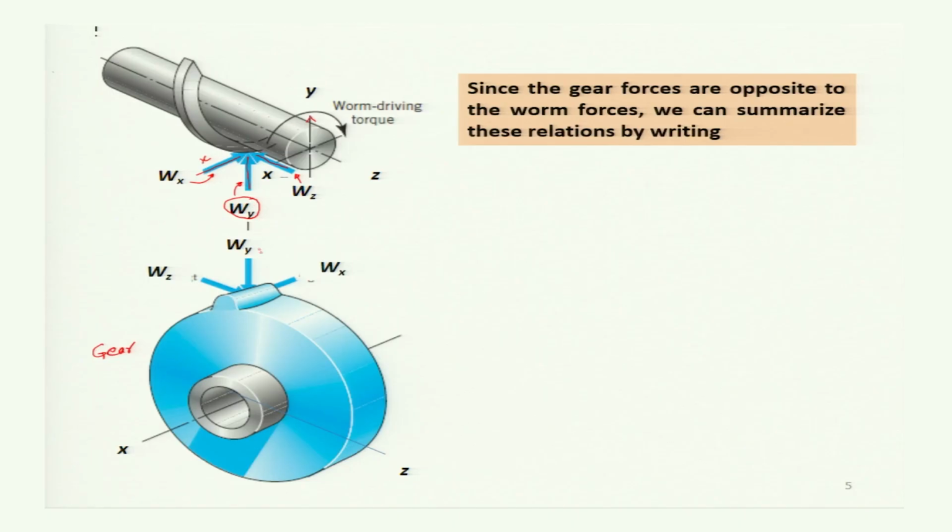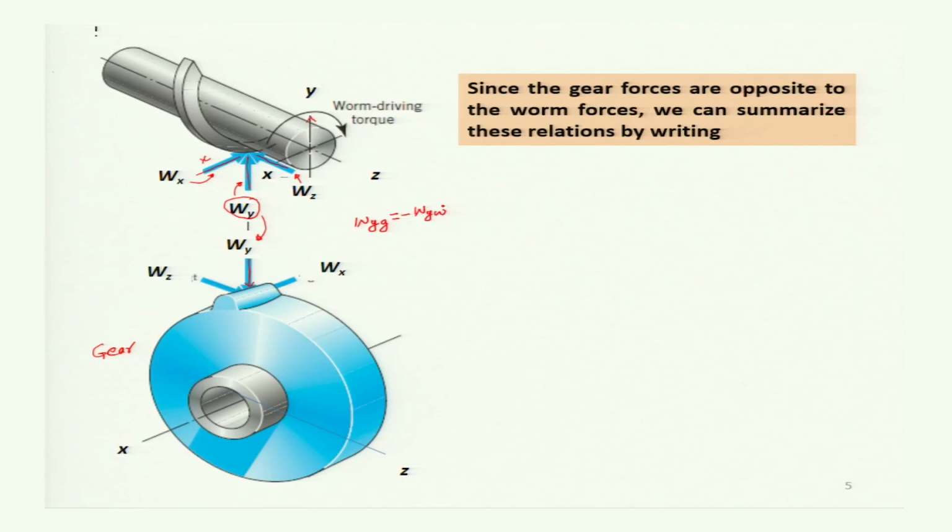So, the same Wy will act in this direction on the tooth of the gear, but with the opposite direction. So, we can say that Wy on the gear is equal to minus Wy of the worm.